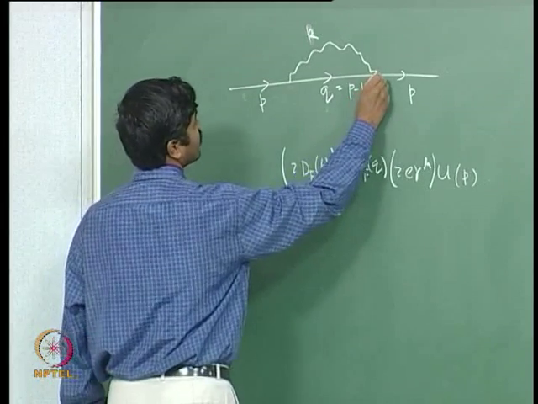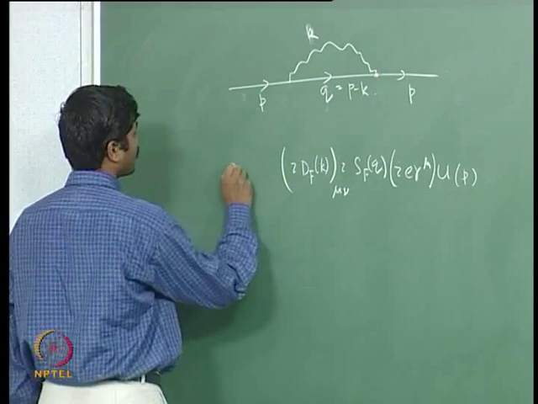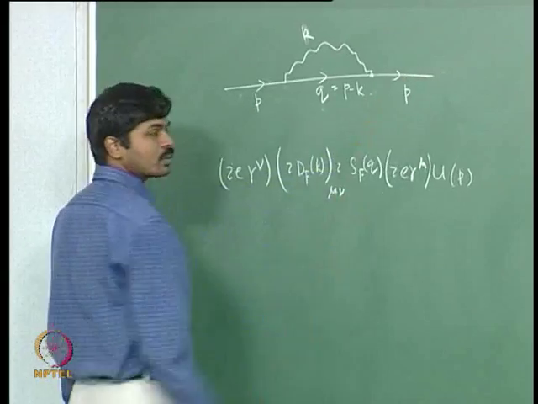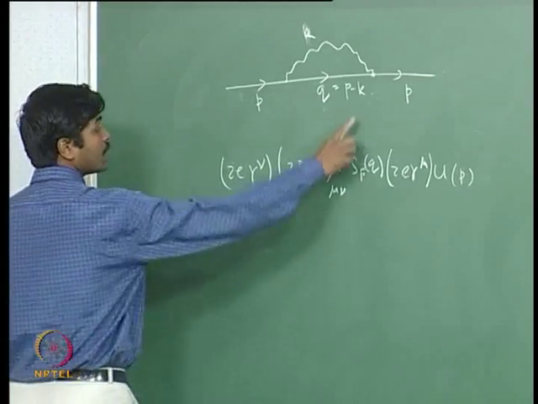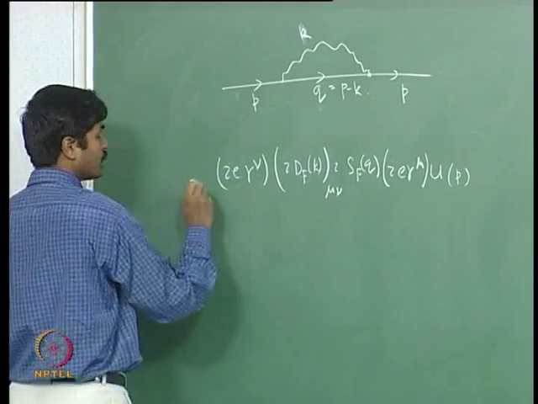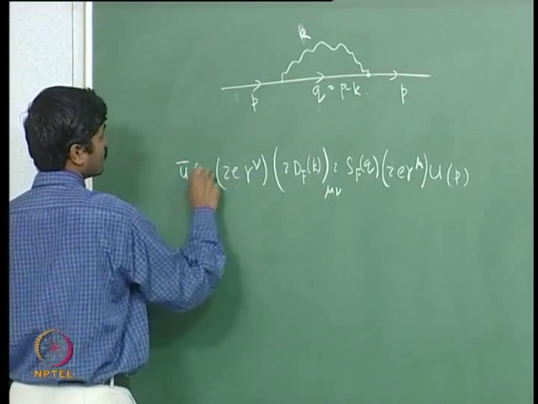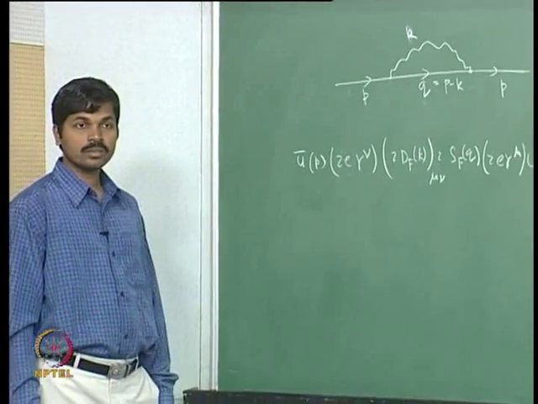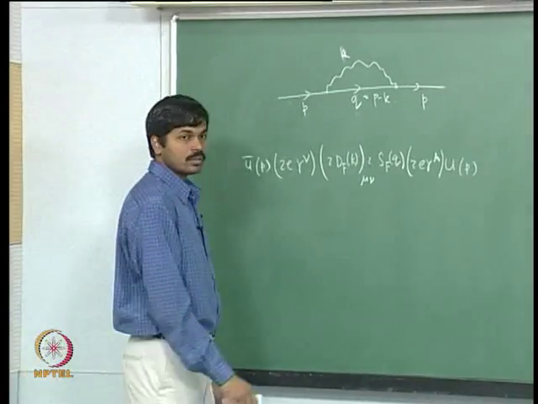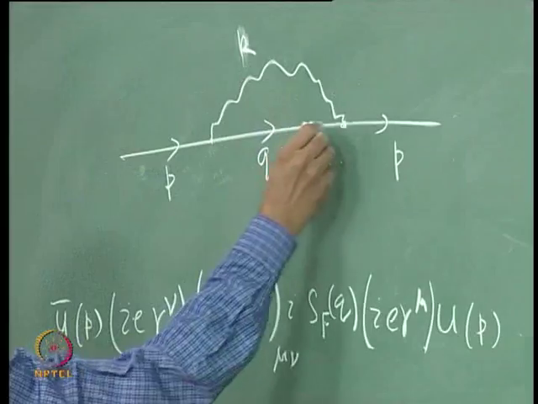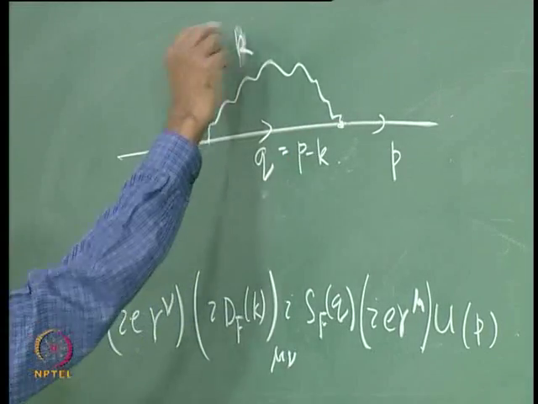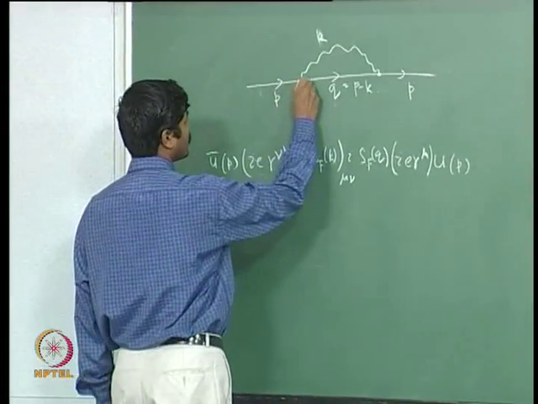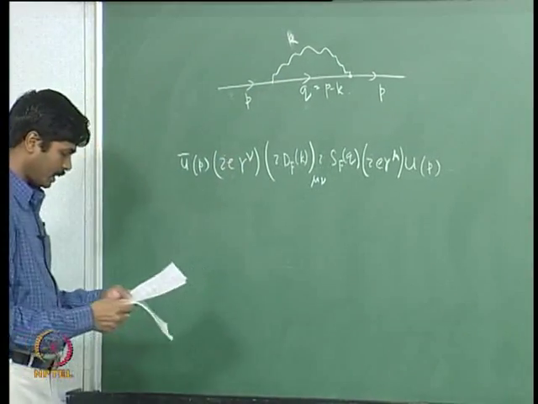Then you have this interaction vertex, for which I will write i e gamma^nu, and you have an outgoing electron, for which I will write here u bar of p for the outgoing electron. Is this all? That is not all, because the k here is actually not fixed by this process, therefore you have to integrate over it.